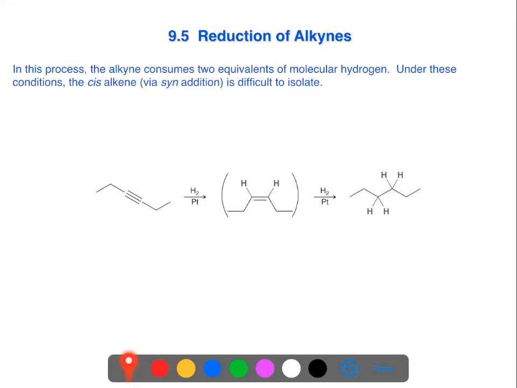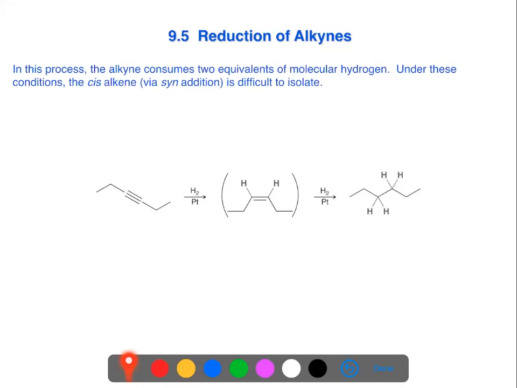So if we reduce an alkyne with molecular hydrogen in the presence of a metal catalyst, we are only going to be able to produce or isolate the alkane. It'll be very difficult to control the reaction such that we could isolate the cis-alkene.